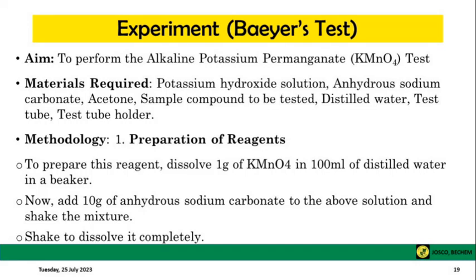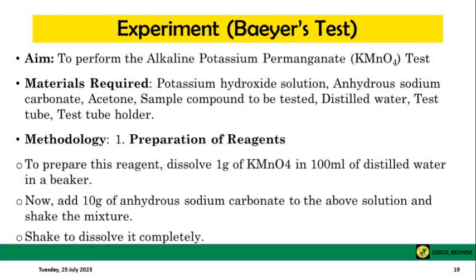Before you can begin this experiment, you need to prepare your reagents. How then do you go about preparing this reagent? First of all, you need to dissolve 1 gram of potassium permanganate in 100 ml of distilled water, and this should be done in a beaker.